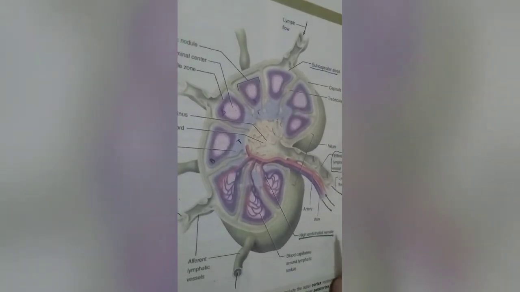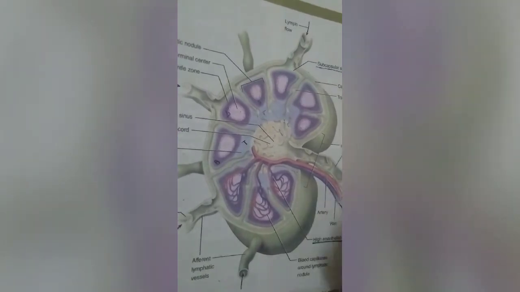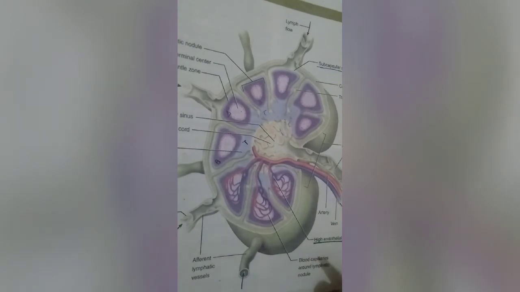Instead of flat endothelial cells which line the ordinary capillaries and venules, the high endothelial venules are lined by cuboidal cells.